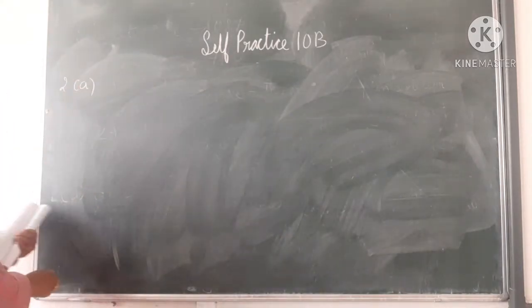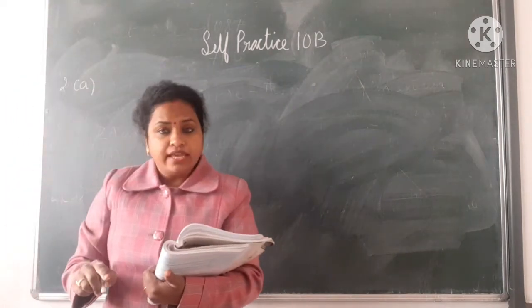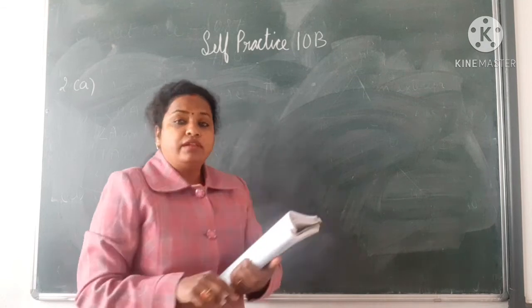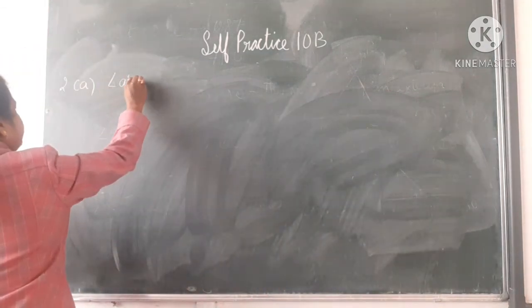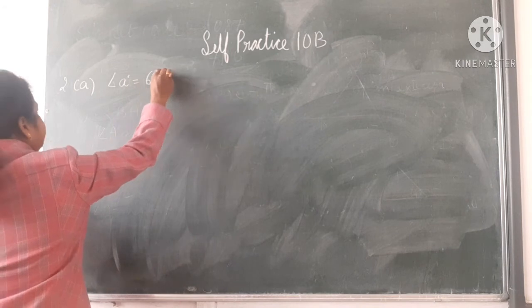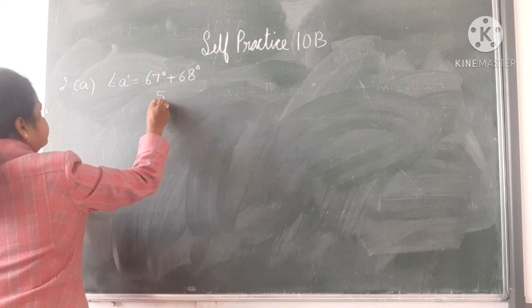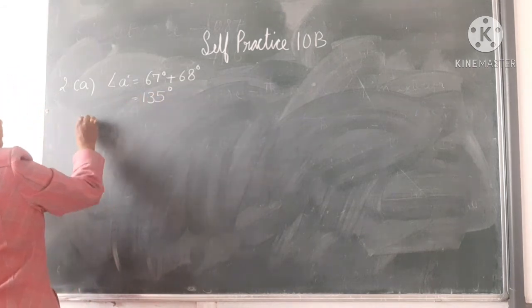Opposite to A, 68 and 67 degrees are given. So what will be angle A? Angle A degree will be equal to 67 degrees plus 68 degrees, which is 135 degrees.